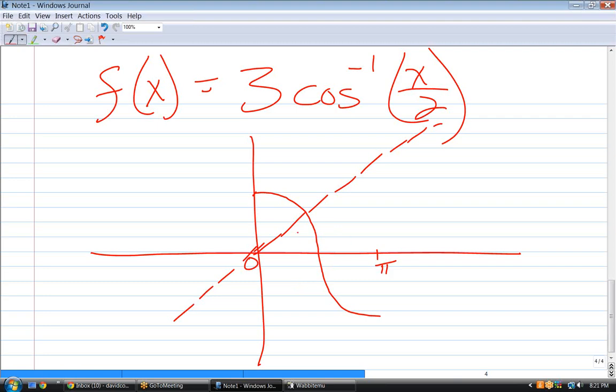If I reflect that curve about that line, then this point, let me do it in blue so I can see what I'm doing here.